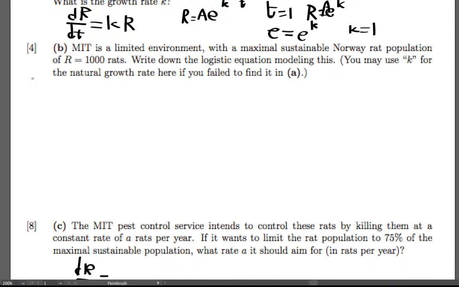We are still going to have this dr over dt, and then you obviously have this k here representing the growth rate.